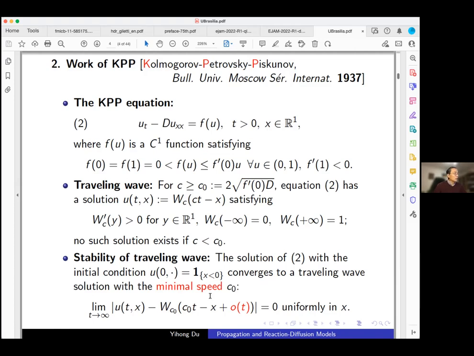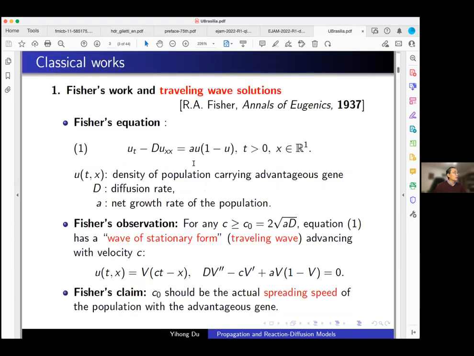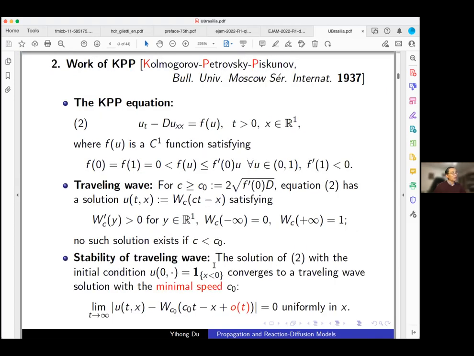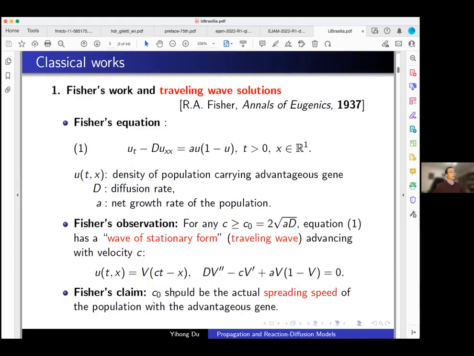So this, again, is not a rigorous proof that the population here propagates with the speed c0, but really, if you choose these special initial population distributions, then indeed the solution converges to this traveling wave with the speed c0. So c0 is special, and this result supports the claim by Fisher here.